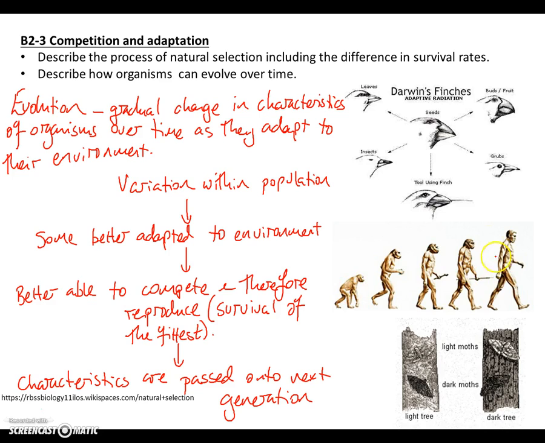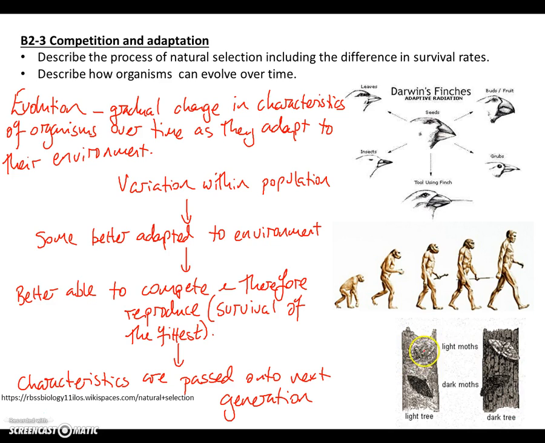So it takes millions of years. Fossil records show us that this has happened. We find good evidence within the fossil records that there were these creatures in the past that we don't see anymore, but have evolved in time to produce creatures that we see in the modern world, and it can happen over a relatively short time.